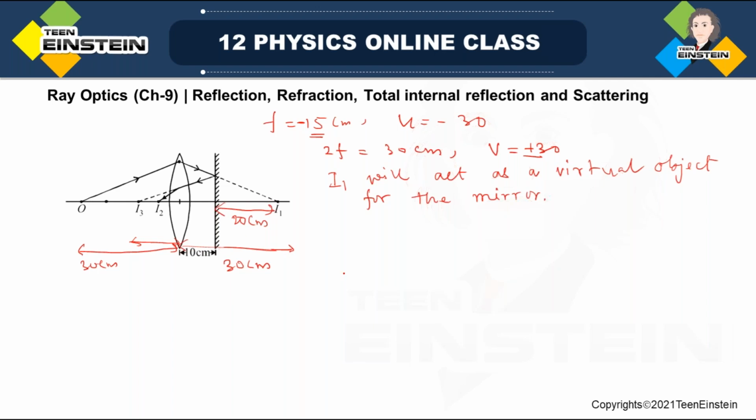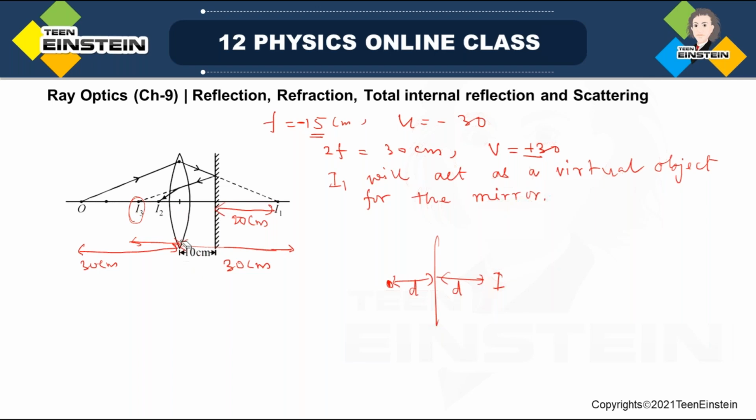As we know, for a mirror, if this is the object distance d, the image distance also will be the same on the other side. This is O, this is I. This is the property of a plane mirror: it forms an image at the same distance on either side. So the image would have formed here if the lens was not there.